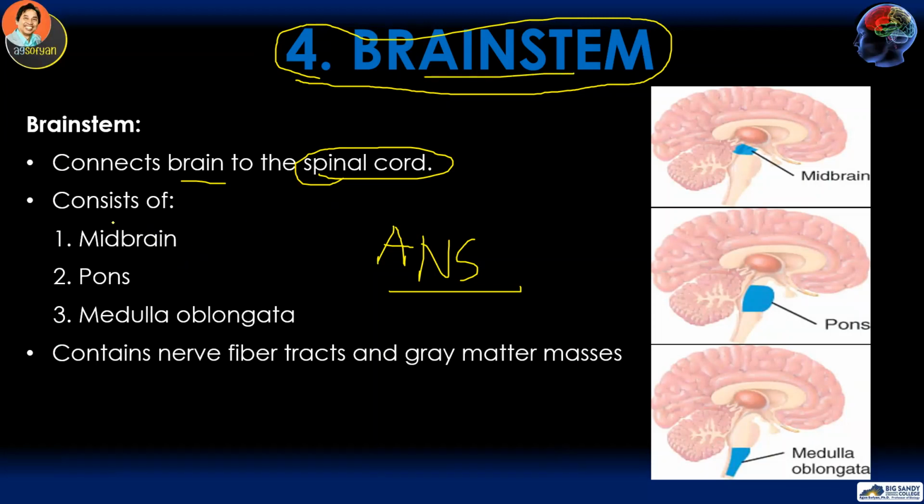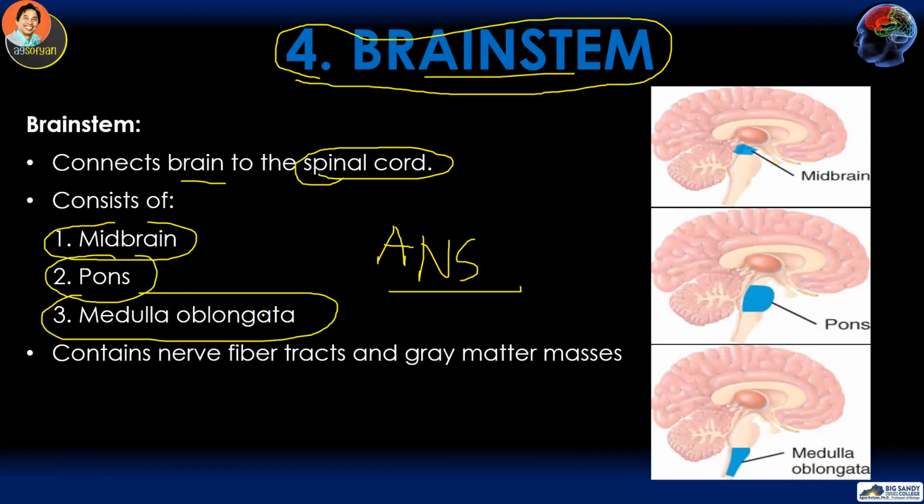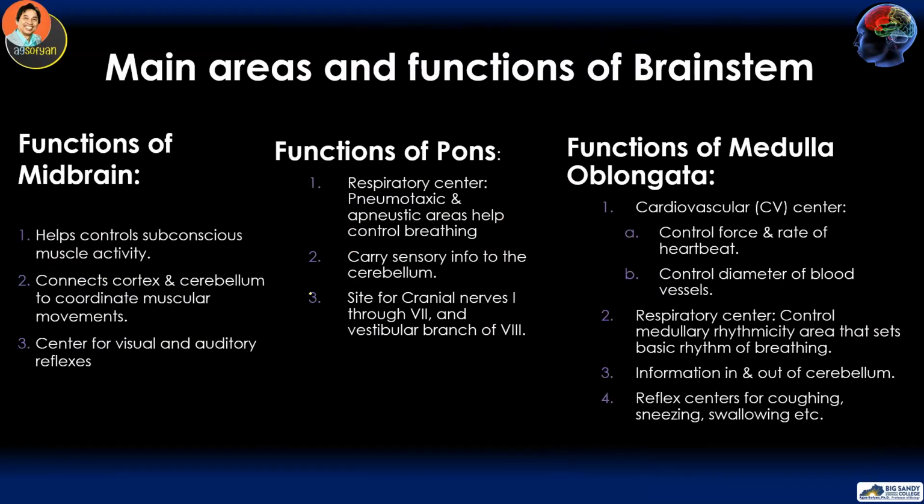There are three parts: the midbrain, the pons, which is the biggest part, and the medulla oblongata, which is the last part that connects to the spinal cord. Now the functions. Look at this midbrain over here.